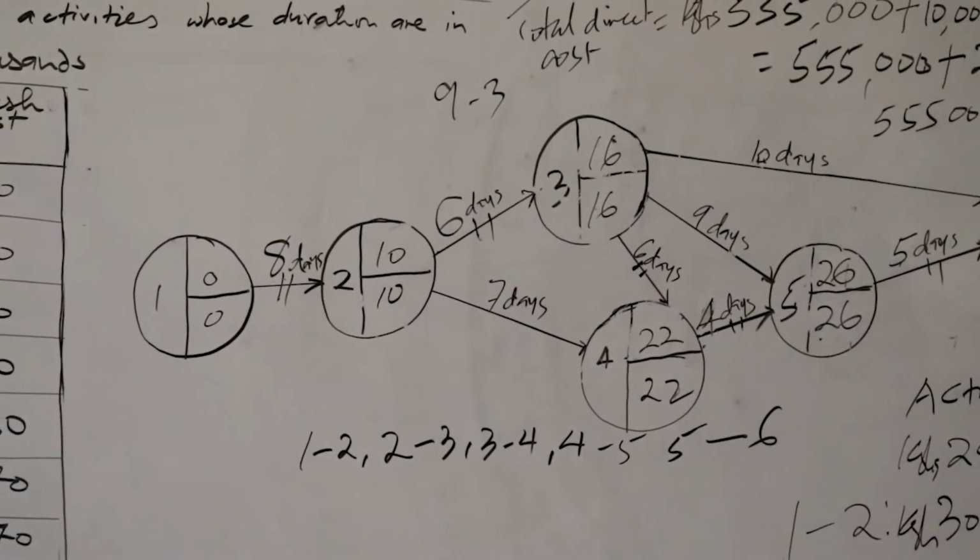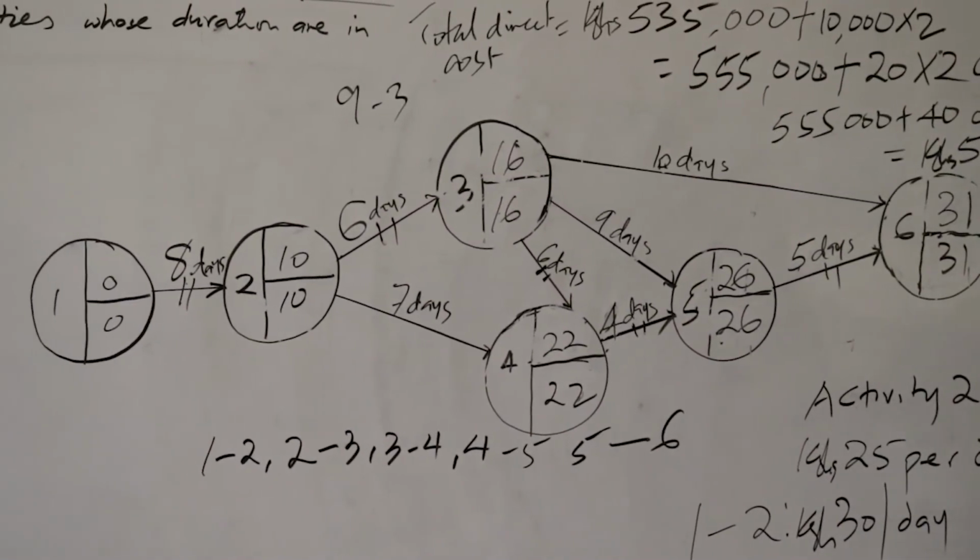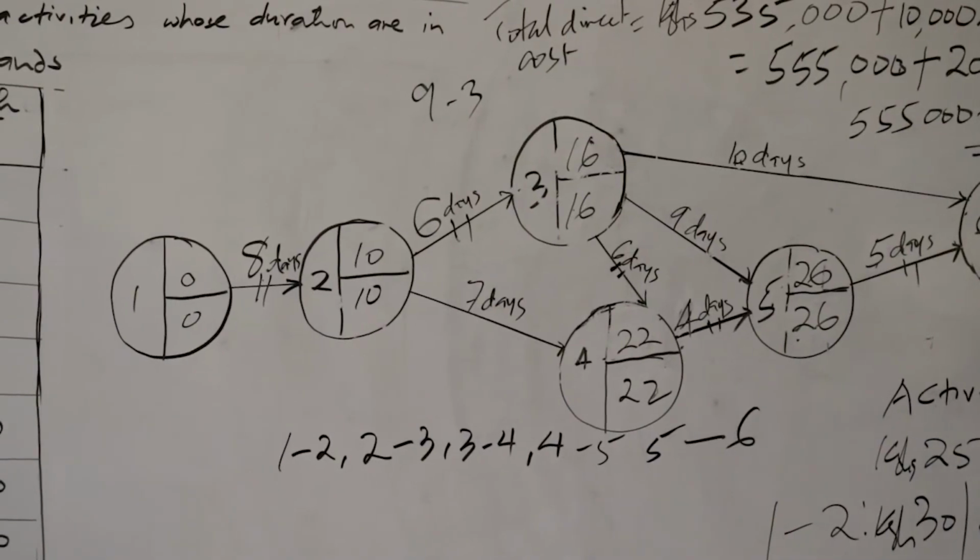Now let us draw a network when the duration has changed to 8 from 10.